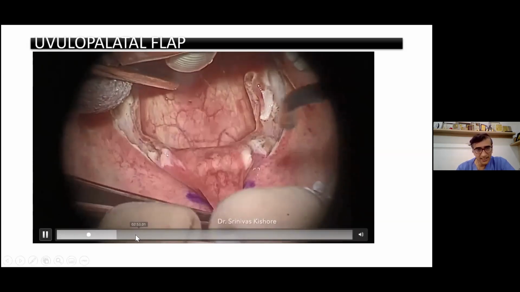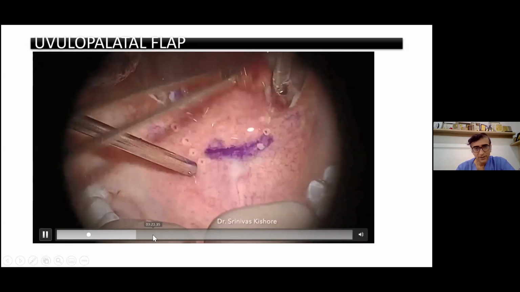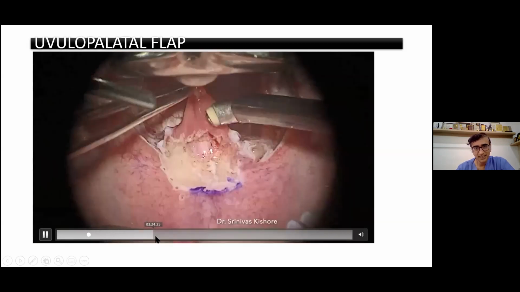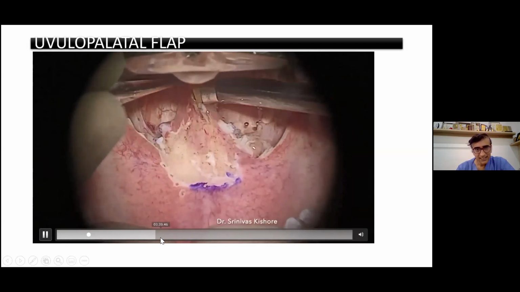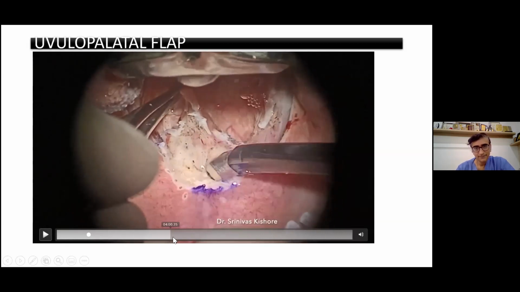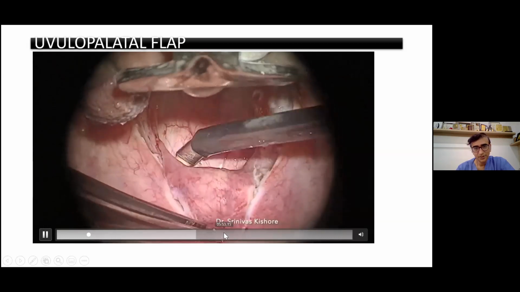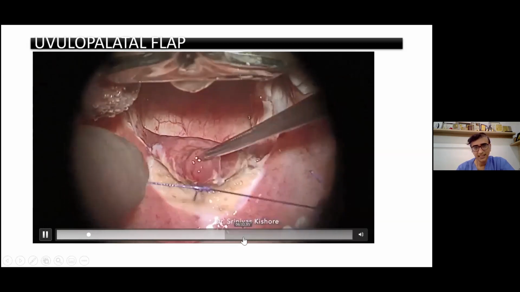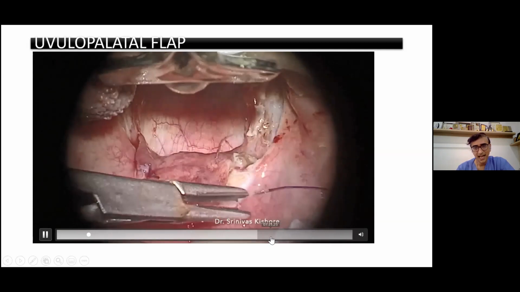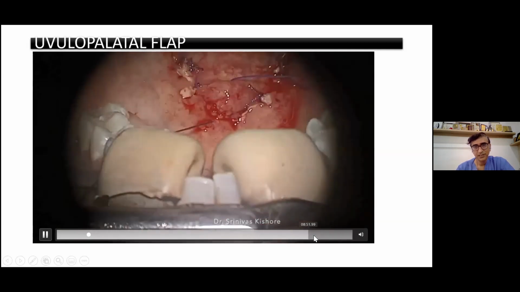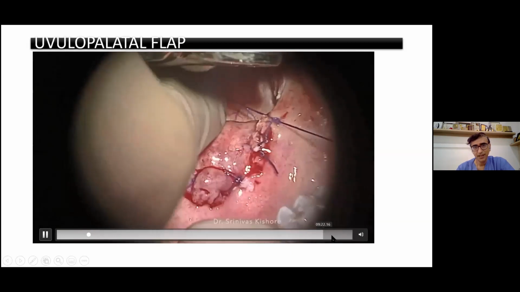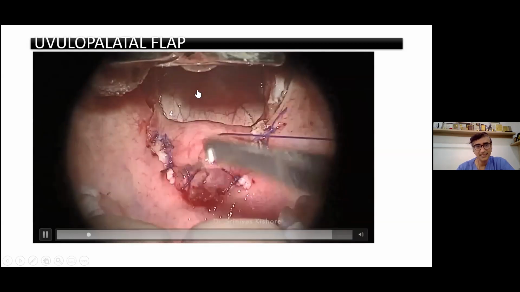And once that is done, all you have to do is fold the soft palate onto itself, and then you suture this in layers. And at the end of the procedure, you would get a palate which would look like this.